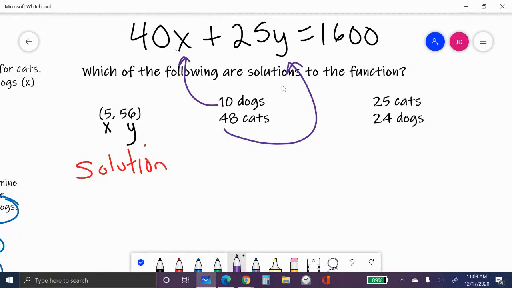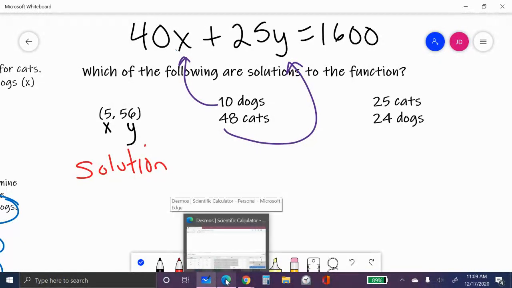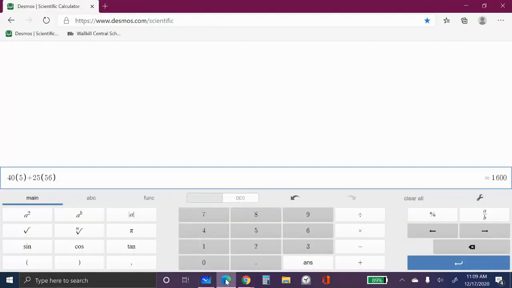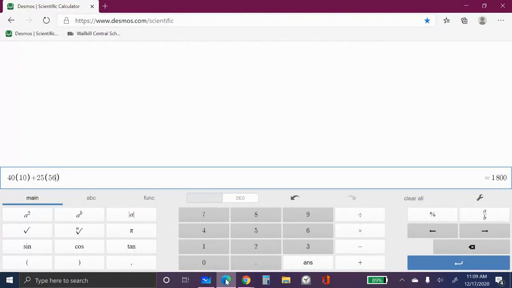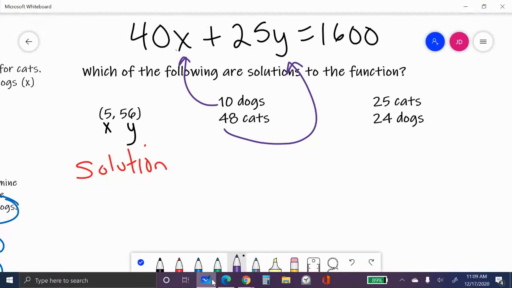So 40 times 10 and 25 times 48. Oh, that's also a solution. Equals 1,600. So this one is also a solution.